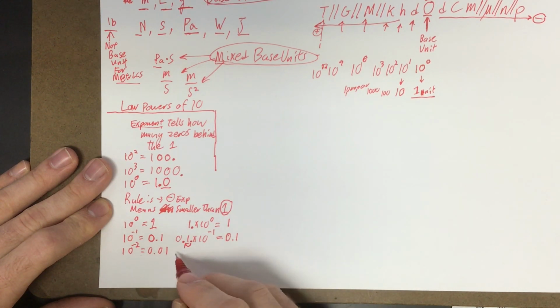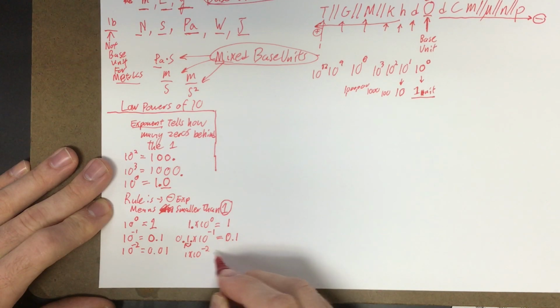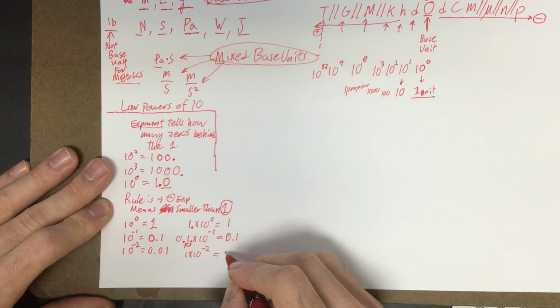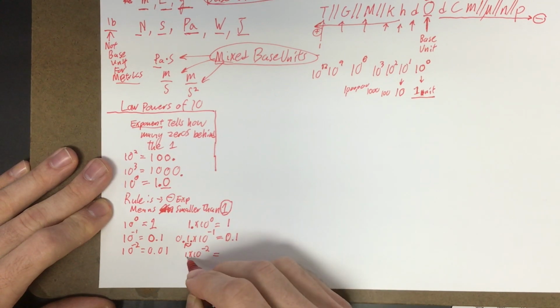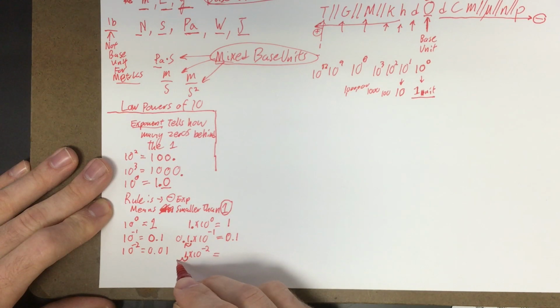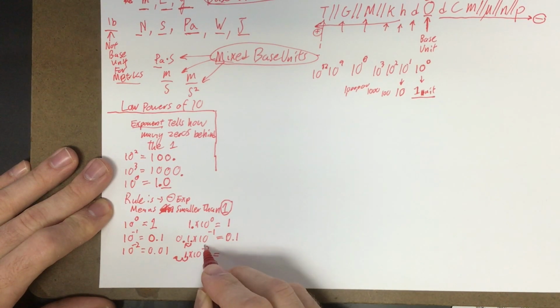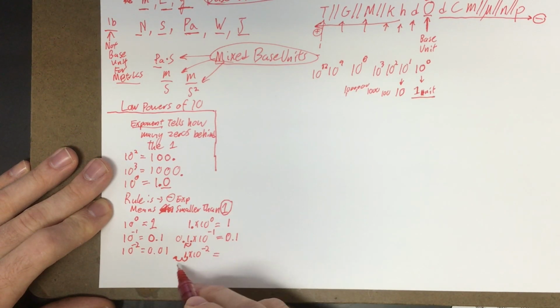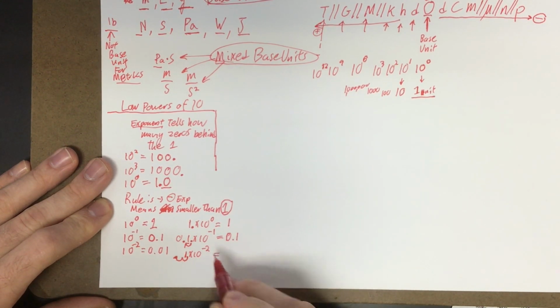Okay, so for this one, if I have 1 times 10 to the negative 2, then I'm going to have a decimal point there, and then I'm going to move to make this 1 smaller than 1. Go 1, 2. Smaller because it's negative, and 2 because the value of the exponent is 2.